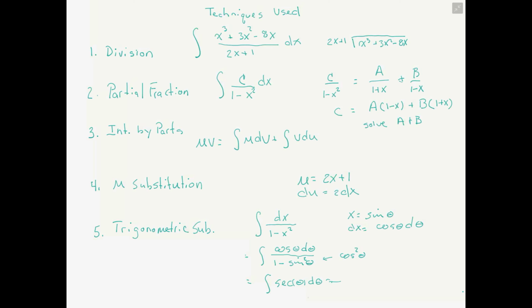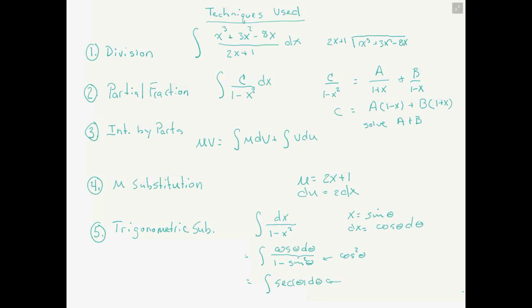And then we know from trigonometric identities that this is cos squared theta, so we have secant theta d theta, which is 1 over cosine theta. And then we would go through our process of solving that.